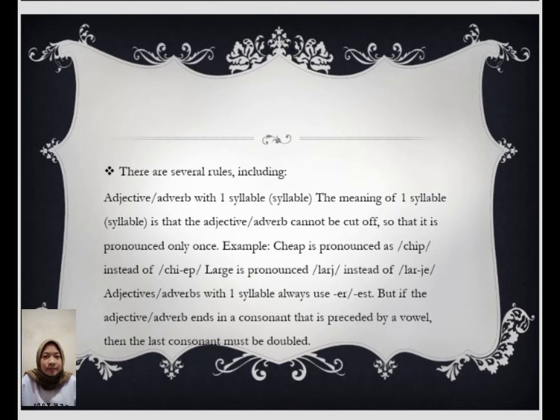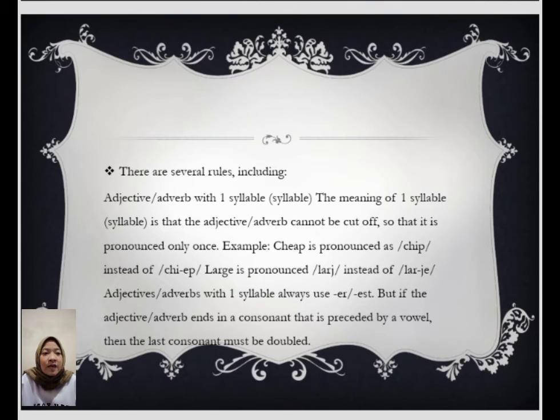Example, ship is pronounced as ship instead of ship-ip. Large is pronounced as large instead of lar-ge. Adjective or adverb with one syllable always uses er or est.